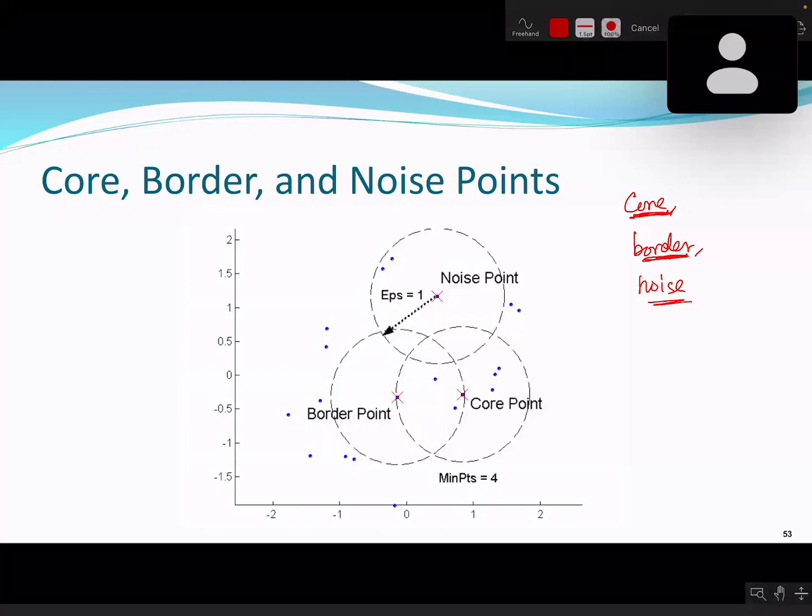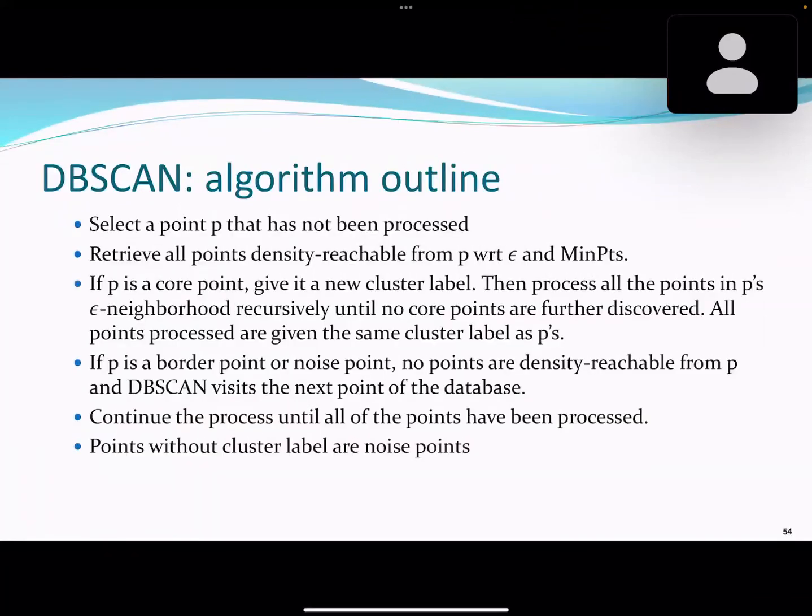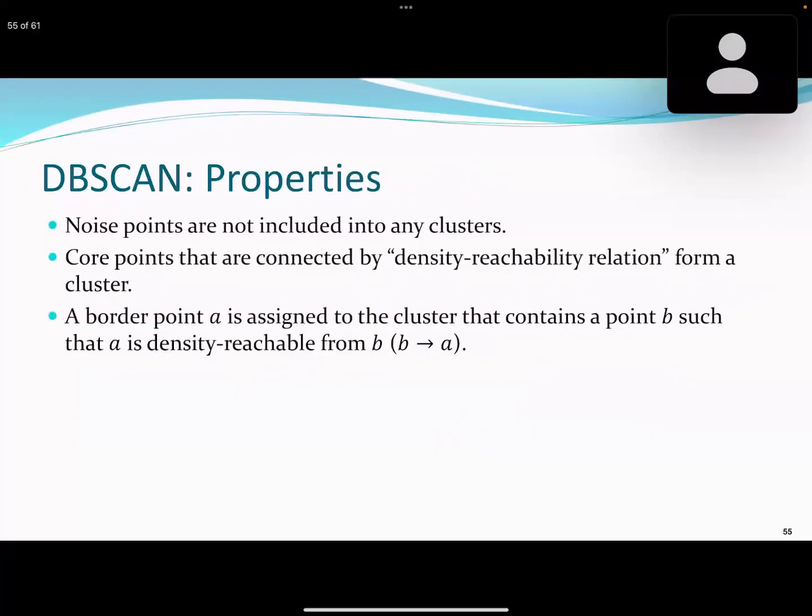And the cluster label of a border point depends on the cluster label of the core point from which the border point is reached. So that is the basic idea of how we label the points by giving them cluster IDs. All right, so noise points are not included. Core points form the core of a cluster, and the border points that are reachable from some core will be given the same cluster label as the core points.